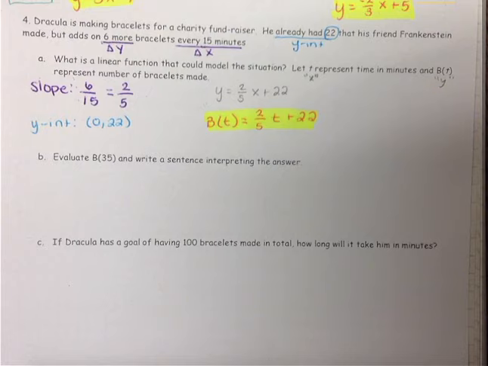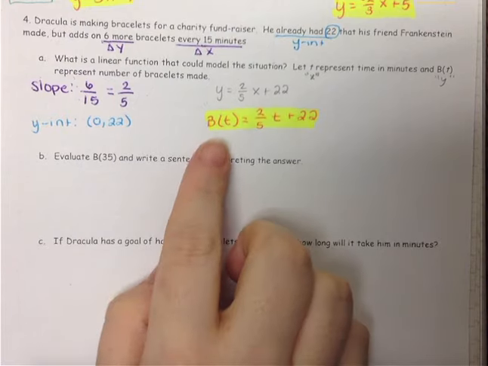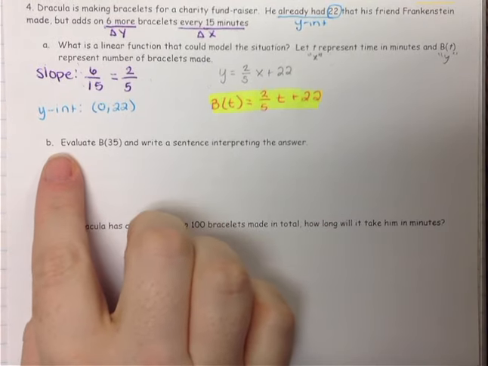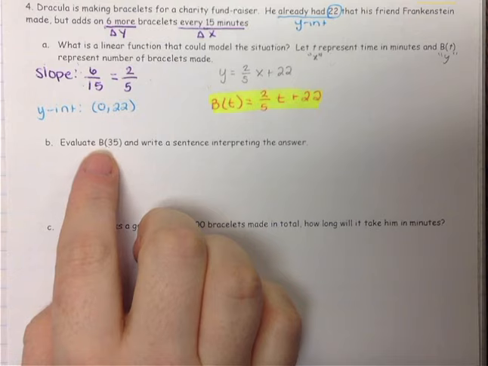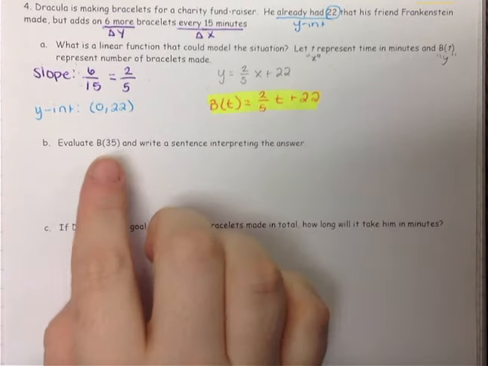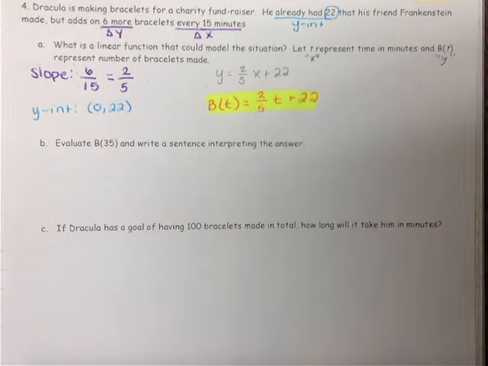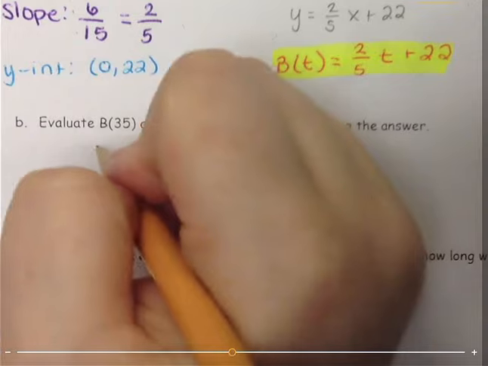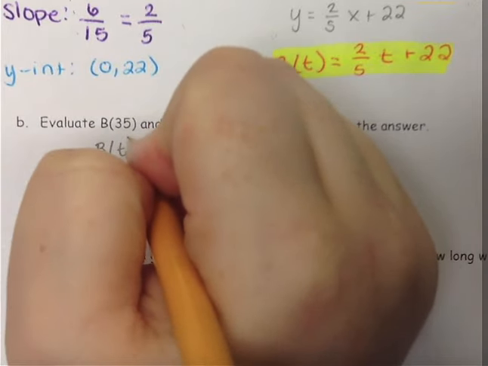So for part B and C, we have to use this equation to help us answer these. So for part B, it says to evaluate b of 35 and write a sentence interpreting the answer. So b of 35. It originally said b of t. This is what it normally says, b of t.